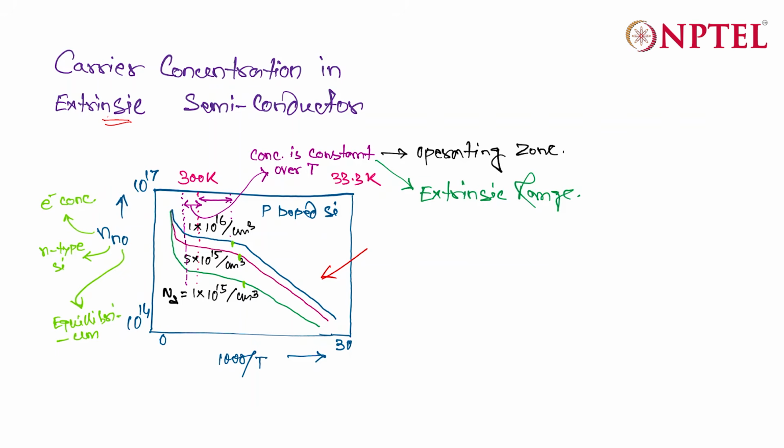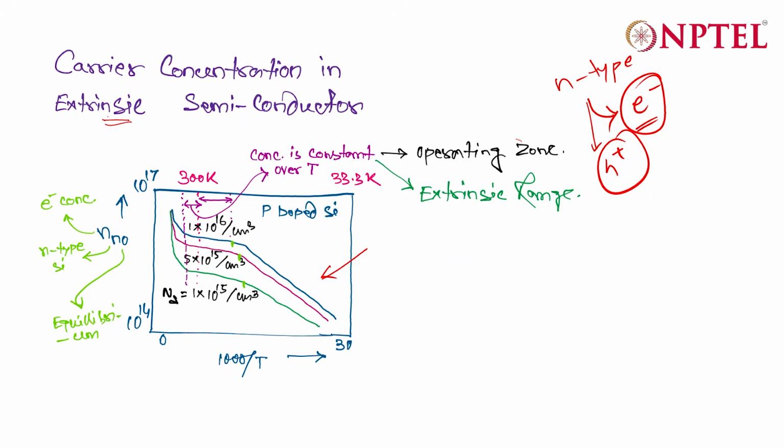For example, for an N-type semiconductor, what is the majority carrier? Obviously, electron. The negative carriers are high, that's why it's N-type. And what is the minority carrier in this case? Hole. Similarly, for a P-type, it's other way around.